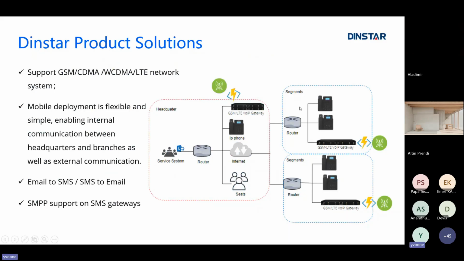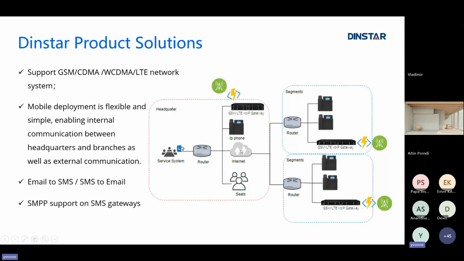Yeah, so let's see a solution for this application to establish the communication links between the headquarters and the branches. On the headquarters side, there is a service system connected with the router, and our UC2000 gateway enables the voice communication, working with the IP phone and seats and connecting to the internet.